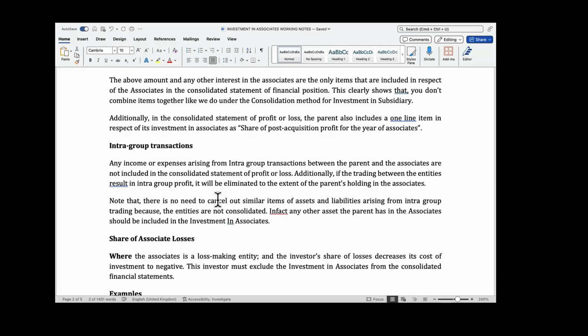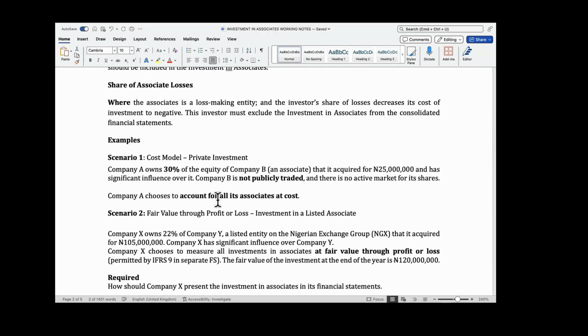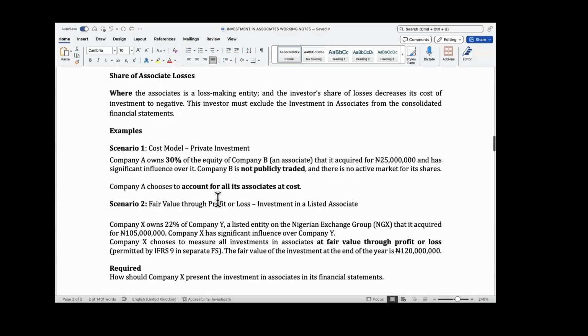But in the consolidated financial statement, that is where you would exclude it, where the losses are becoming so much that you're making losses and all of that. Where the associate is making losses, it will really impact only the consolidated.